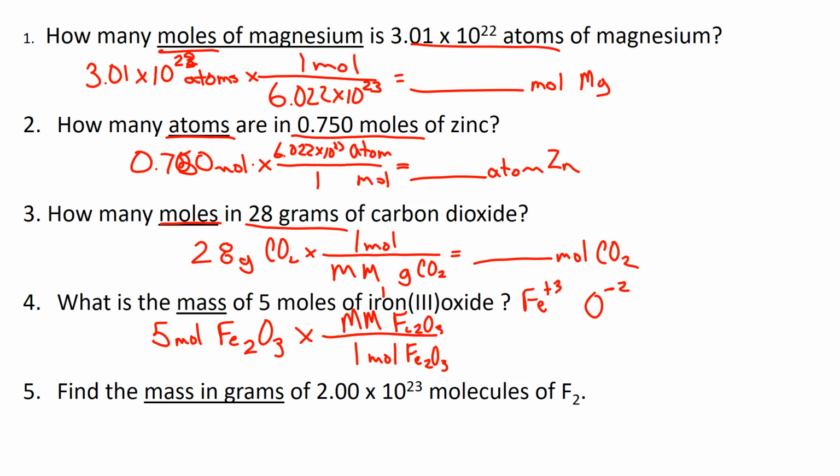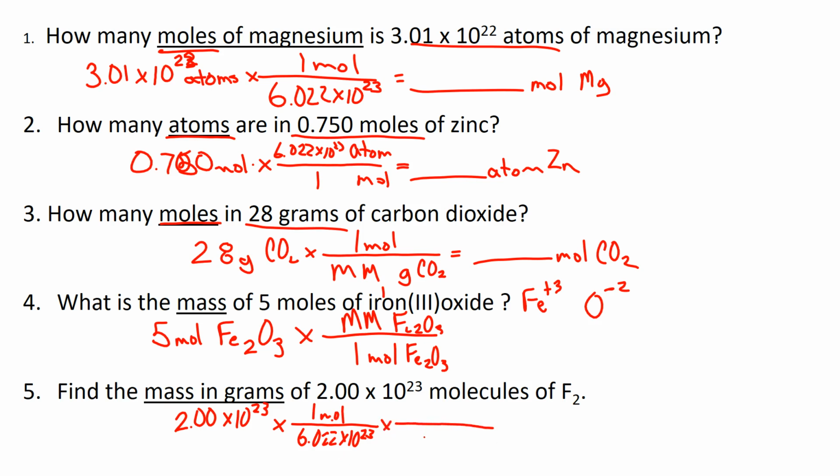And so the last one is trying to get the mass in grams from molecules. So my first step is I need to go from molecules to moles. So I'm going to divide by Avogadro's number to get to moles.